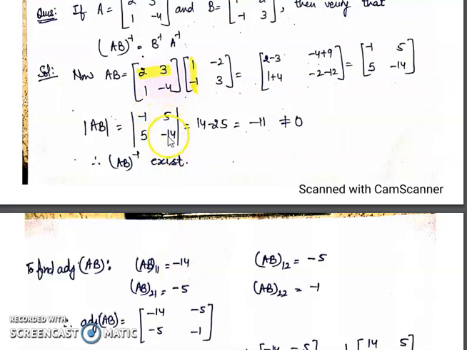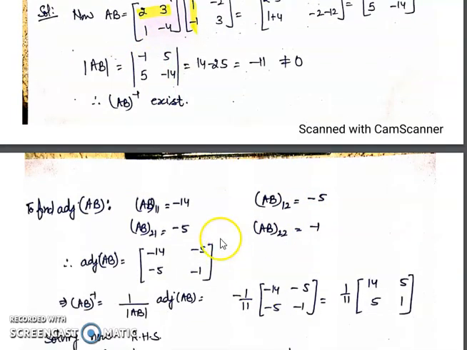First row, second column deleted, the answer is 5, and the sign here is minus, so it will be minus 5. Second row, first column deleted, the answer is 5, and with 2 plus 1, 3, the sign is minus, so it will be minus 5. Second row, second column deleted, the answer is minus 1.